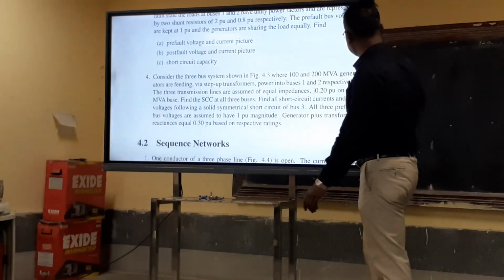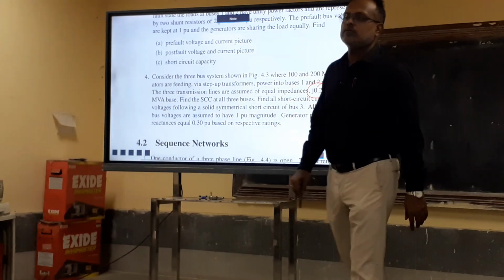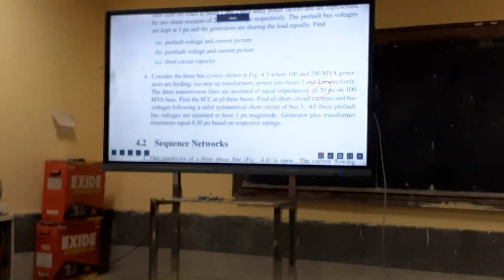See here it is given J0.20 on 100 MVA base, but we have used J0.1. Why?